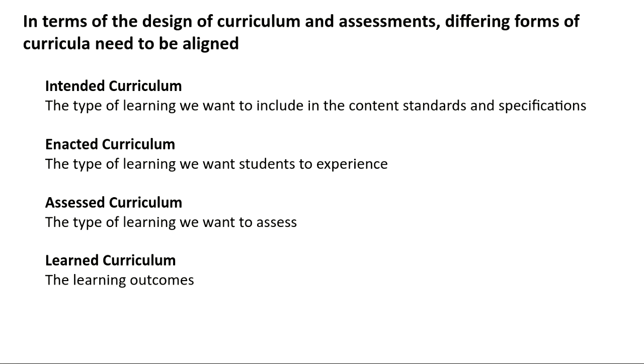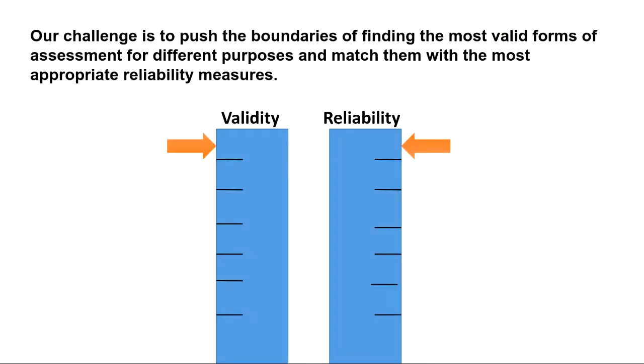The assessed curriculum is what we assess people on. And the learned curriculum is what you end up with. What are the learning outcomes? In theory, those four alignments of curriculum should all be exactly the same. But quite often, in particular, the intended curriculum and the assessed curriculum are not the same. So we have an issue of curriculum, which I'll come back to in a minute.